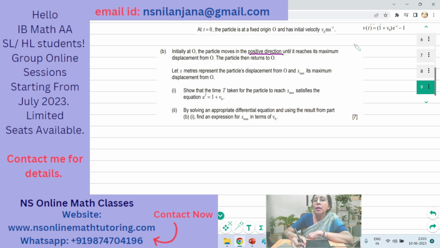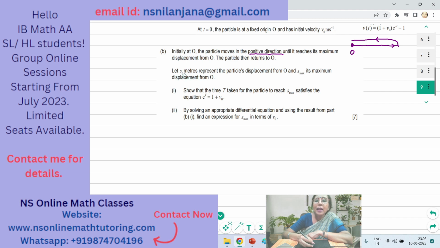So maybe this is point O. The particle is moving in the positive direction until it reaches its maximum displacement from O, and then the particle returns to O. This is the motion diagram of the particle.